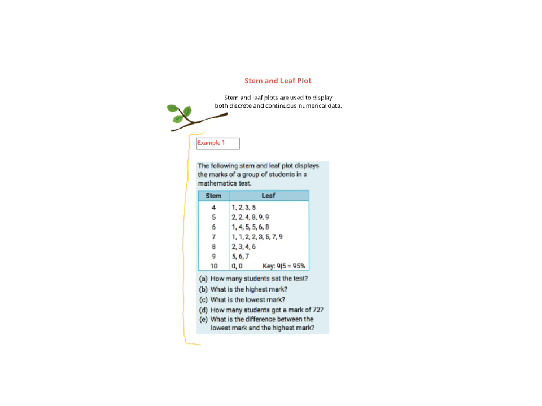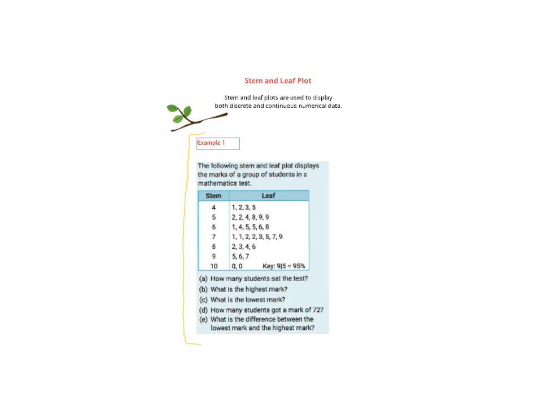So if we look up at the grades, this first row here is 40. You can think of this as all the numbers between 40 and 49. So somebody here got 41%, somebody else got 42%, somebody else got 43%, somebody else got 45%. Then if you go look at 50, somebody here got 59%, so that would be the last entry on that stem.